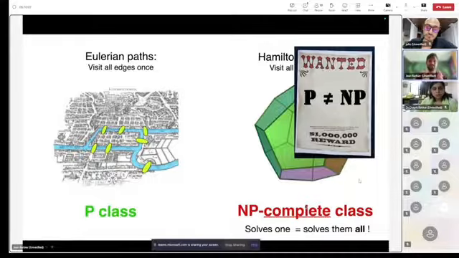You just need to exhibit an algorithm that solves the problem. Showing that something cannot be solved, how do you do that? It means showing that all algorithms, including those that you do not know, cannot work, which is much harder, of course. Okay, so that's why this problem is an open problem.